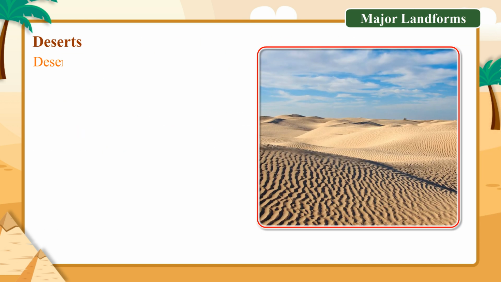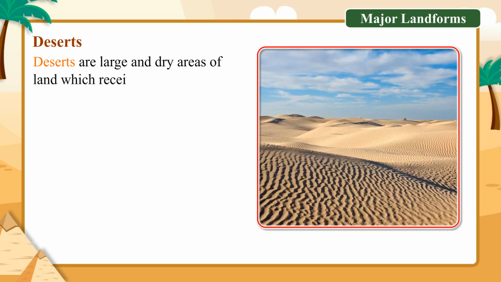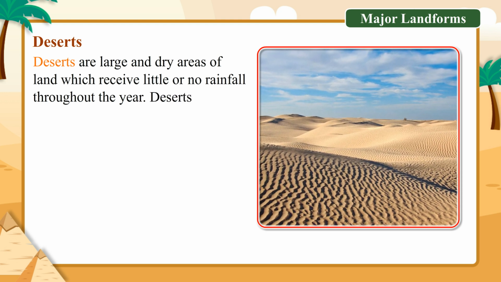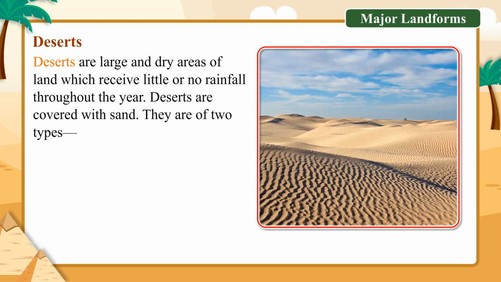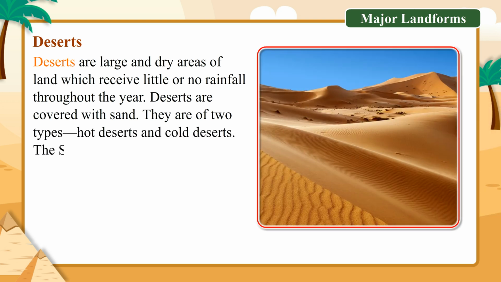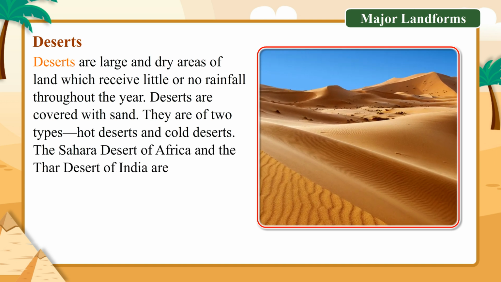Deserts. Deserts are large and dry areas of land which receive little or no rainfall throughout the year. Deserts are covered with sand. They are of two types, hot deserts and cold deserts. The Sahara Desert of Africa and the Thar Desert of India are examples of hot deserts.